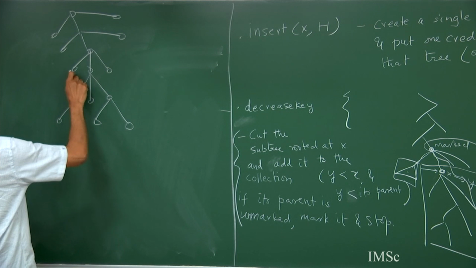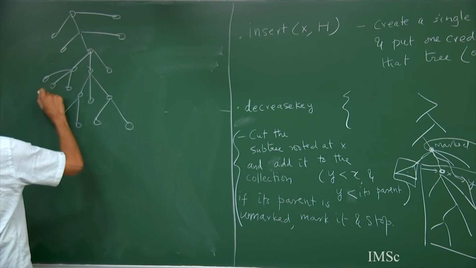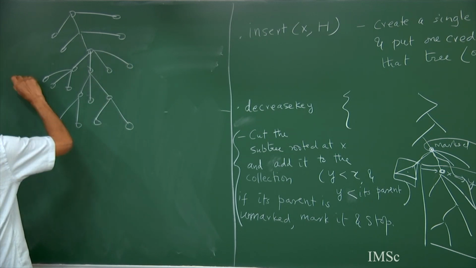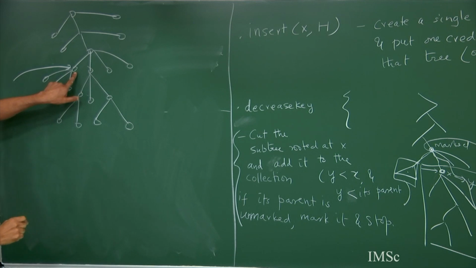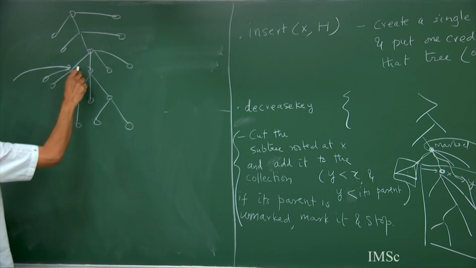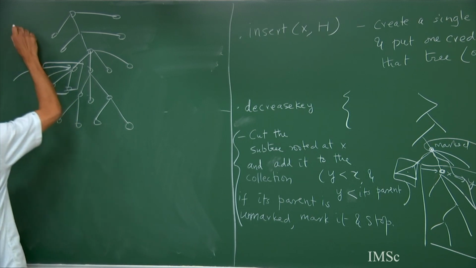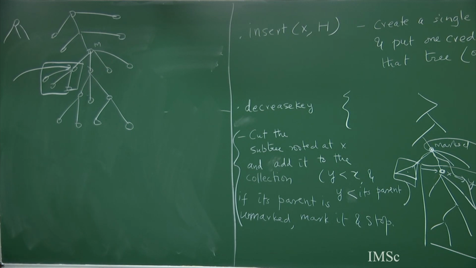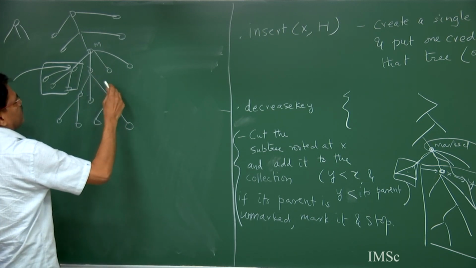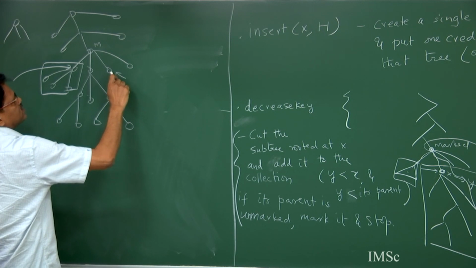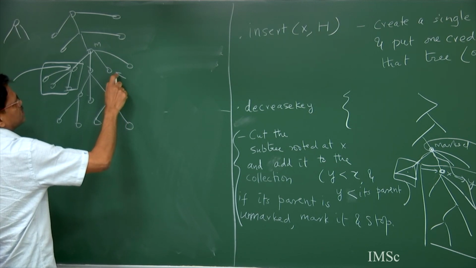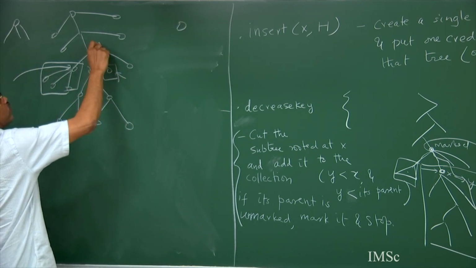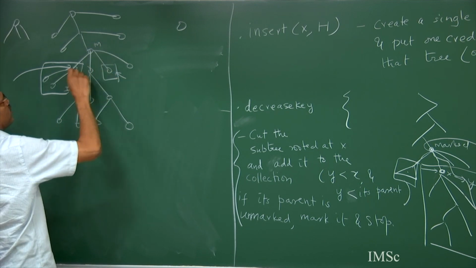What happens when I am deleting the first time, when I am changing this value and decreasing it? We will cut this and add it to my collection, and I am going to mark this. Next time, maybe this one got changed by a decrease key to something else. So I'm going to cut this and add it to my collection, but now I notice my parent is marked, so it has lost 2 children.